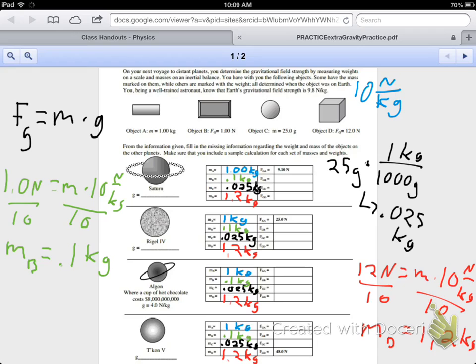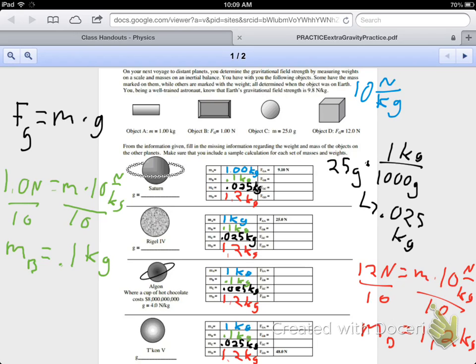So now we have all the masses sorted out. And now we want to be able to find the force due to gravity on each object. So we'll start with Saturn. Saturn says that the force due to gravity on object A is 9.1 newtons and the mass of the object is 1 kilogram.